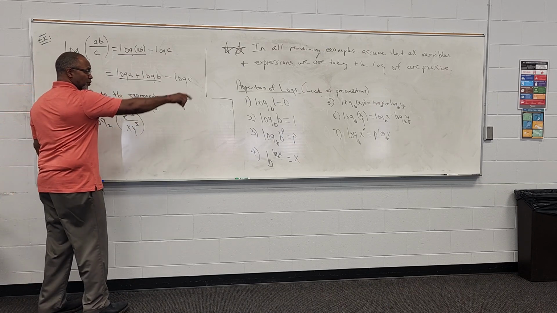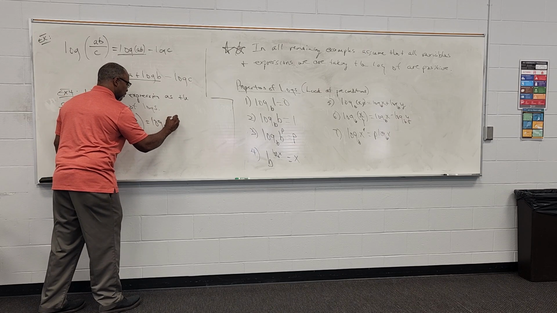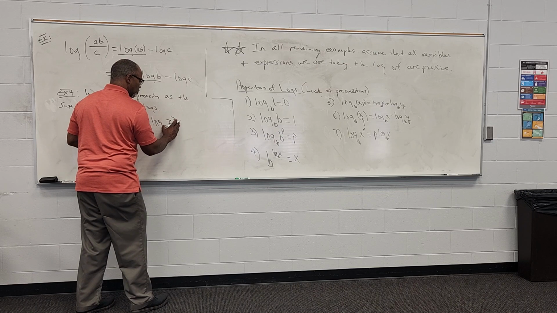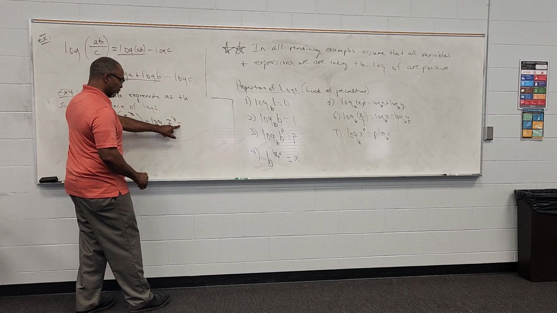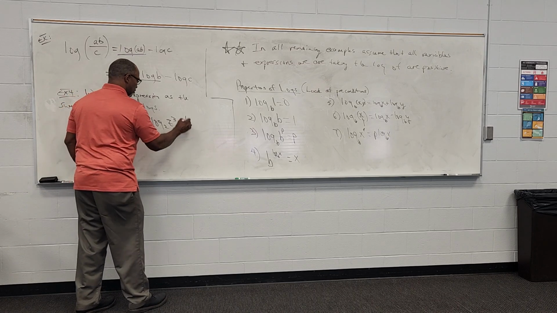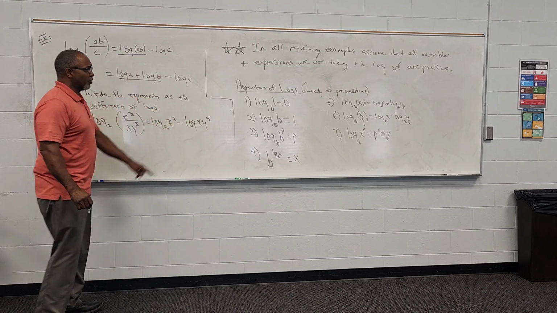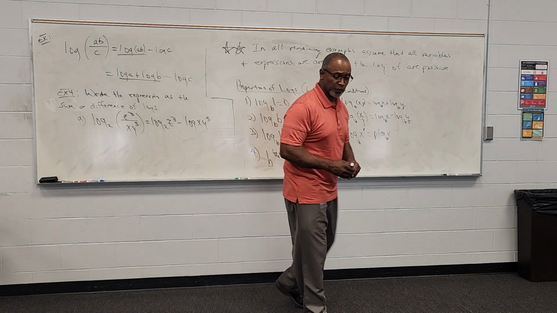Well, the first thing I'm going to use is that quotient rule. So that becomes log to the base 2, z cubed, minus. The quotient rule says subtract, the difference, right? Log of the quotient is the difference of logs. So log of the numerator minus log of the denominator. So I applied that quotient rule.